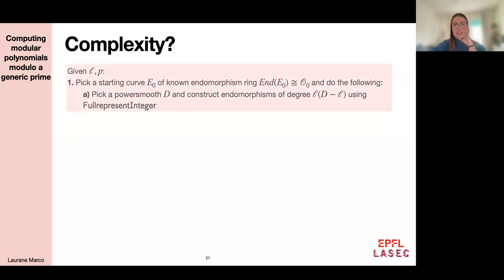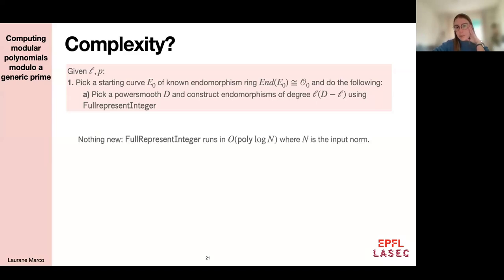So what is the complexity of everything? The first step, which is just computing an endomorphism of a given norm, you can do using the full represent integer algorithm, which runs in time polynomial in log of the input norm.